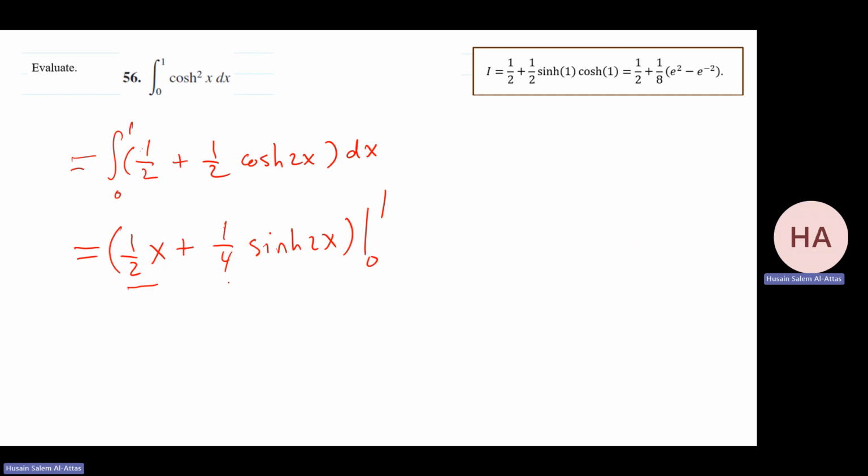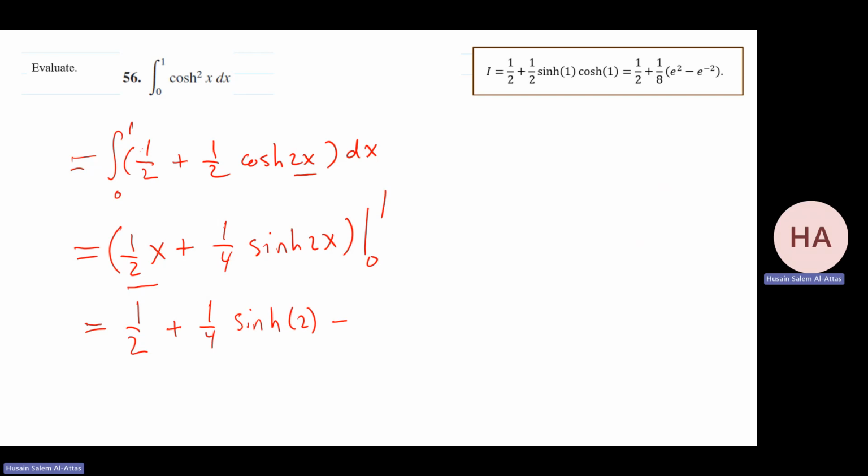This is derivative half. This is derivative 2 times 1 over 4 half cosine hyperbolic. You can do it by substitution, or you can do it right away like this. Now substitute, you have half plus 1 over 4 sine hyperbolic 2, minus 0.